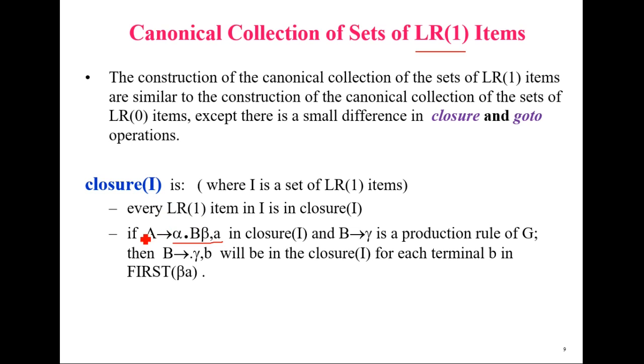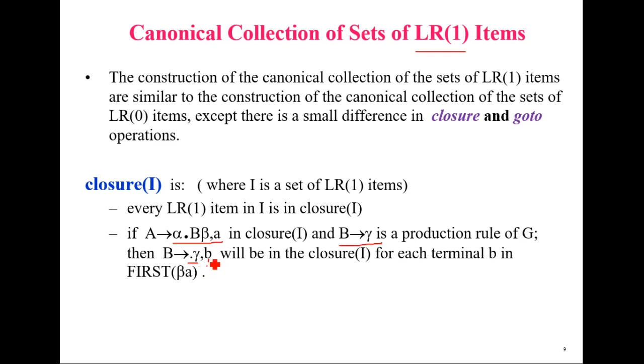According to second rule, if we have rules such as A tends to alpha dot B beta comma a, then we have to add all the B rules because we have B after this dot. So we are adding all the B rules. Before adding all the B rules, we are placing the dot at the beginning of the right hand side.